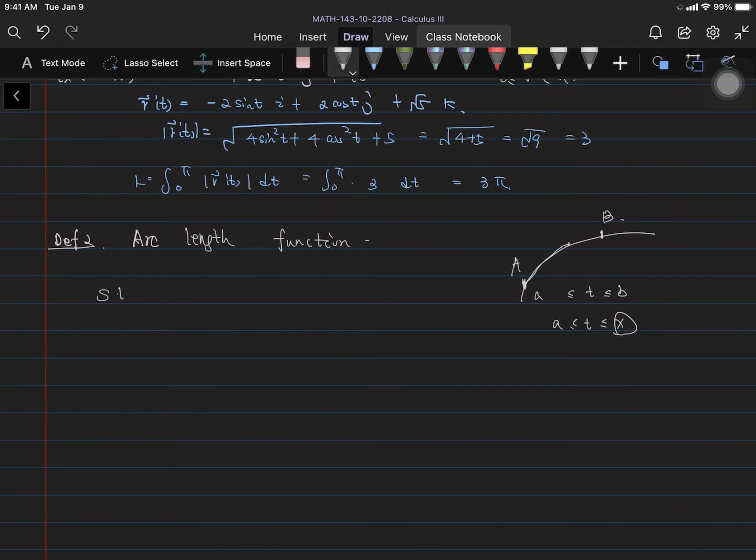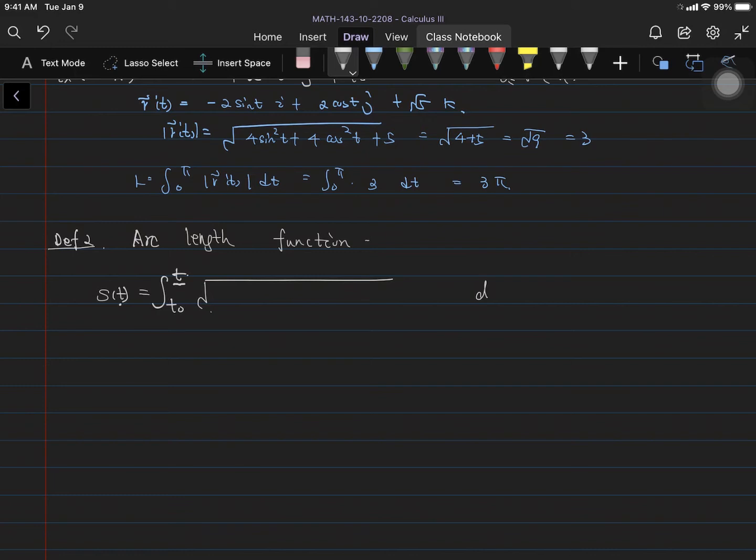So the definition is given this way. Let's take a look. s(t) means the arc length, from t naught to t. Because we already used t as the variable, in the integral we need to use another variable.